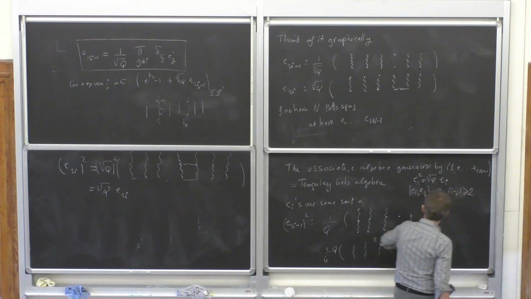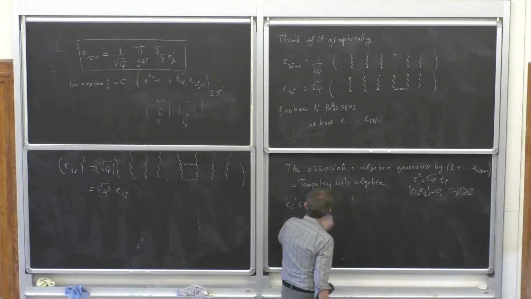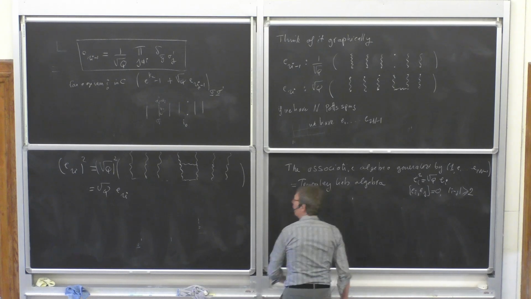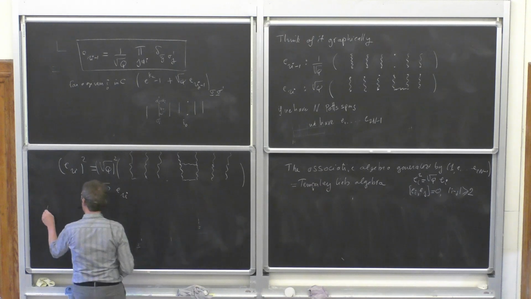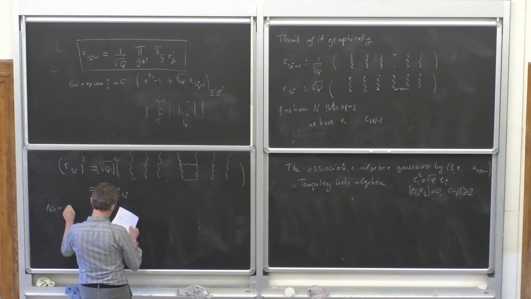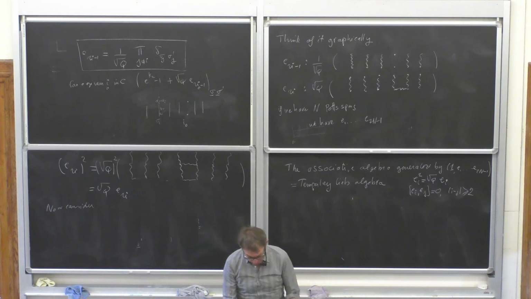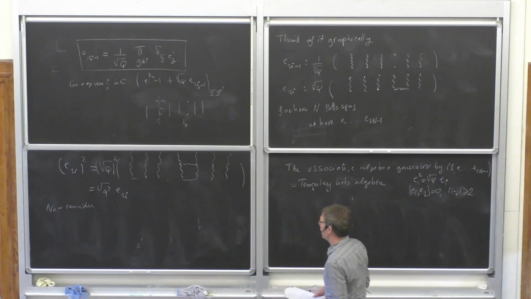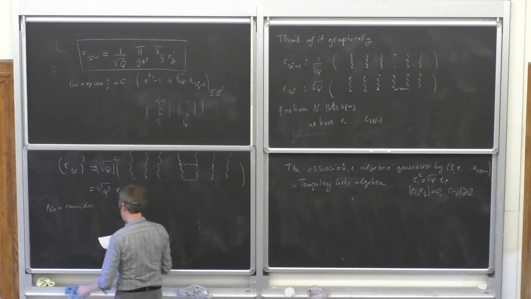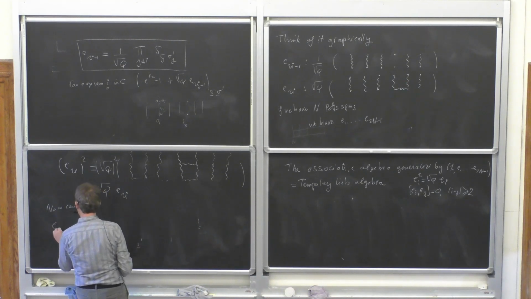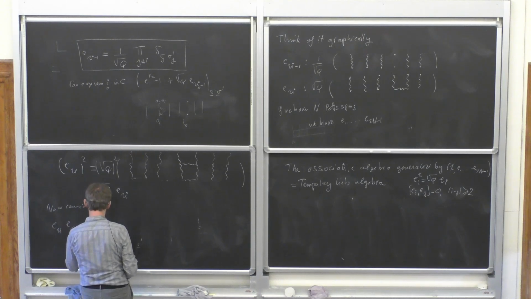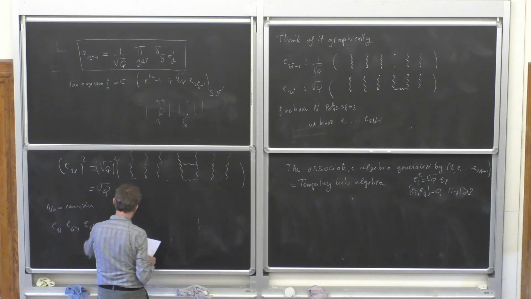And now we're going to write the big, beautiful, important relation, the relationship that's worth a lot of money. So let's look at E2I minus 1, E2I, for instance.